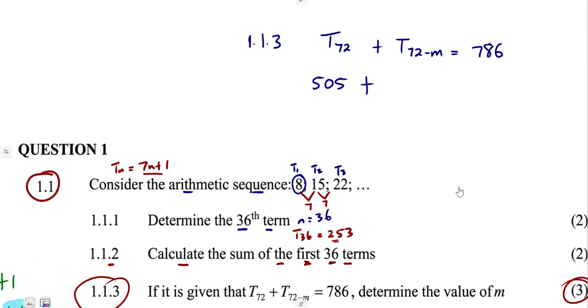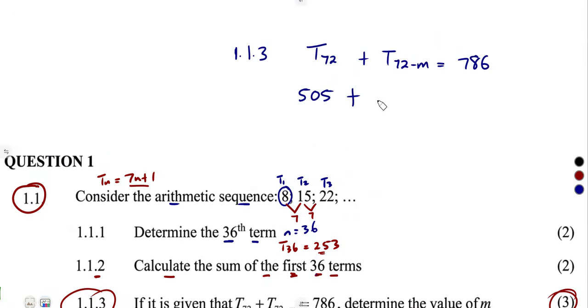This is a plus, so if you are adding, guys, there's no need of opening a bracket, just write as it is. 505 plus 505 minus 7m is equal to 786. Now we can solve for m. As we can see, we have got a linear equation, so solve for m.